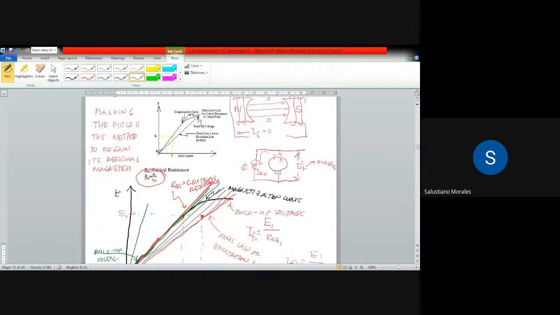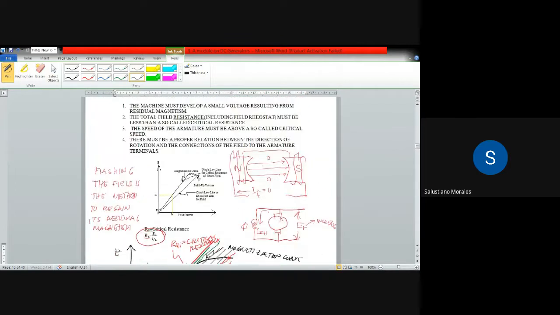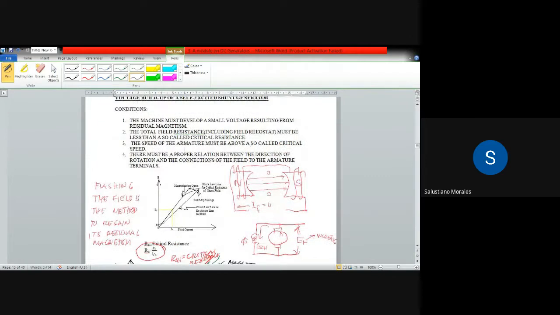So, it should be below the critical resistance. That is the number 2 condition. So, the total field resistance, including the field rheostat, must be less than the so-called critical resistance. So, very important yan, okay?